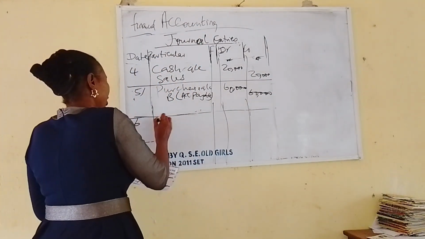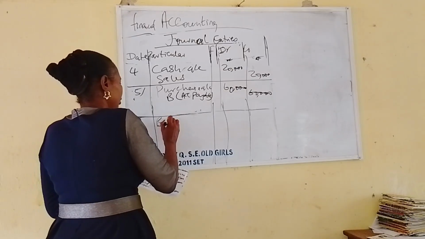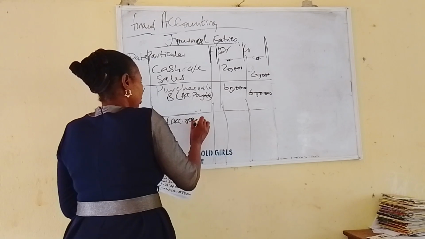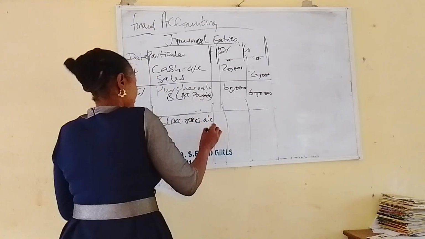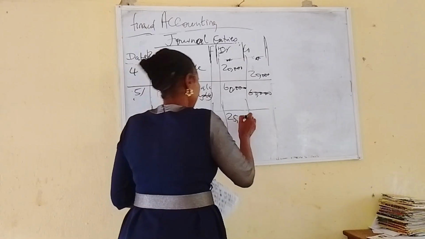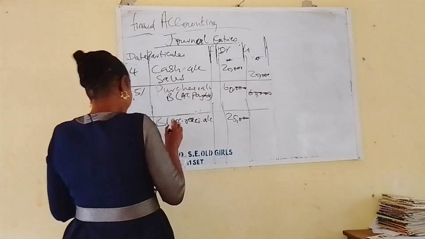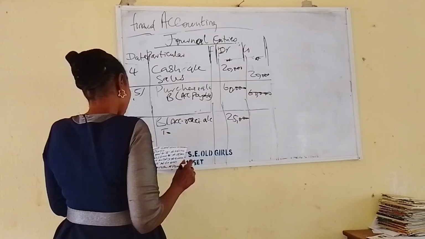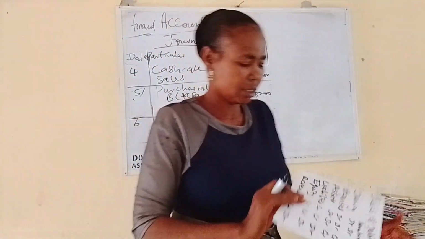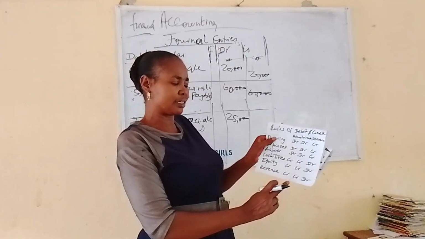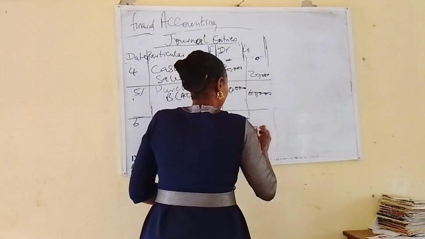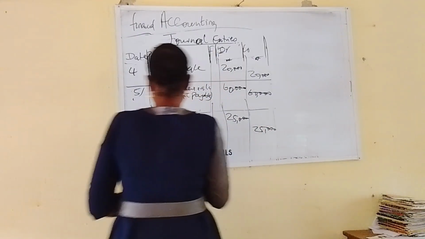So you have to write B, accounts receivable, 25,000. Then to what? To sales. Sales is under revenue. And when revenue increases, you do what? You credit, 25,000.